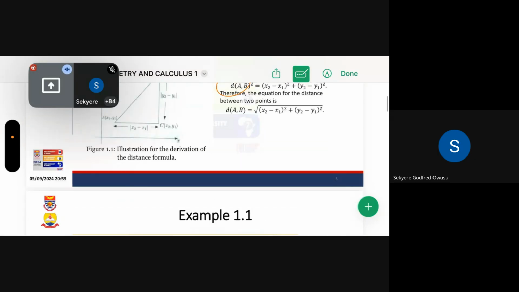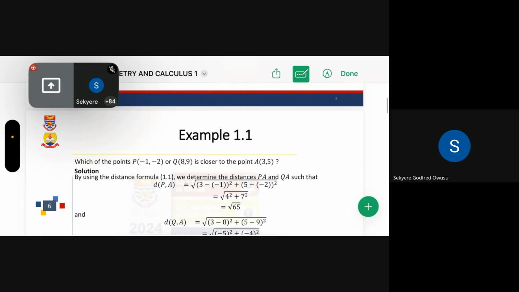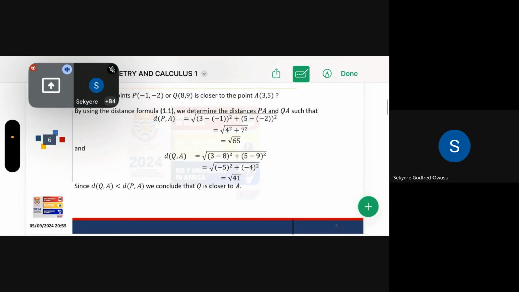That's why we always associate the one to the smaller ones or the initial point, and then the two to the terminal points. Are you okay? Yes, madam. Okay. So since the distance between Q and A is less than the distance between P and A, we conclude that Q is closer to A.